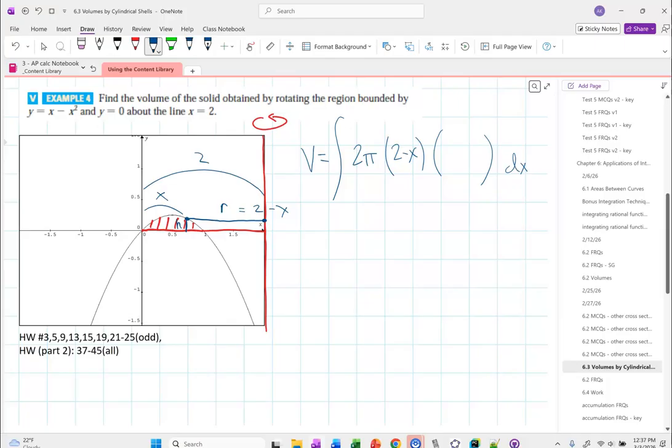In fact, if this is the point x comma y here, that h is just the y coordinate, right? And because the y coordinate is just x minus x squared, that's my height. Is everybody okay there?